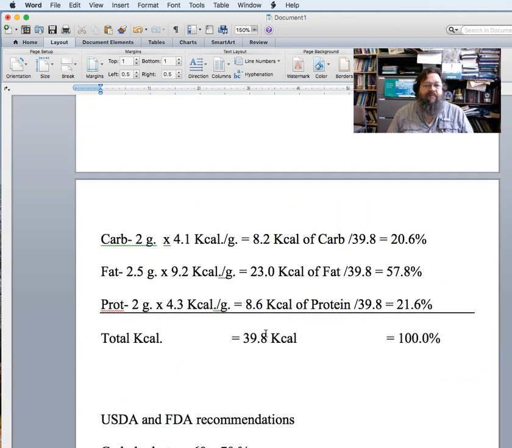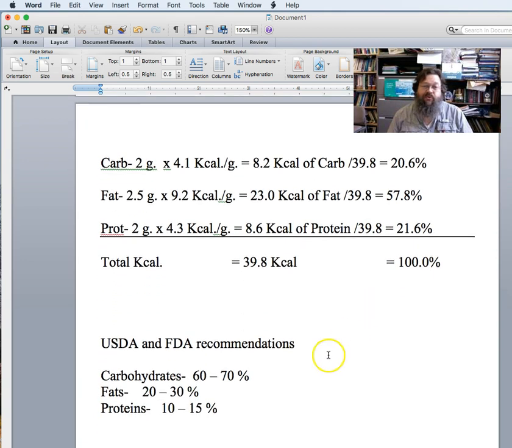So, once you have calculated the percentage of calories from carbohydrate, fat, and protein, you're going to be able to describe whether it's high fat or not. Is the label correct in that matter?